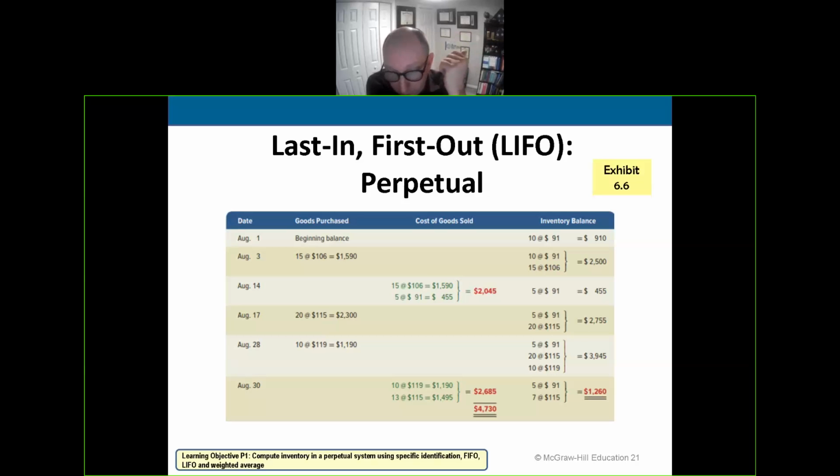Would be 13 bicycles, because remember I'm selling 23 bikes on that day. 13 at 115 would be 1,495. I add those two together to get my total cost of goods sold for that day. And I add up all my cost of goods sold, 4,730. And then take a look at the inventory balance. I still got those 5 from the beginning, and then I have 7 left from that second purchase. And to get me a total of 1,260.